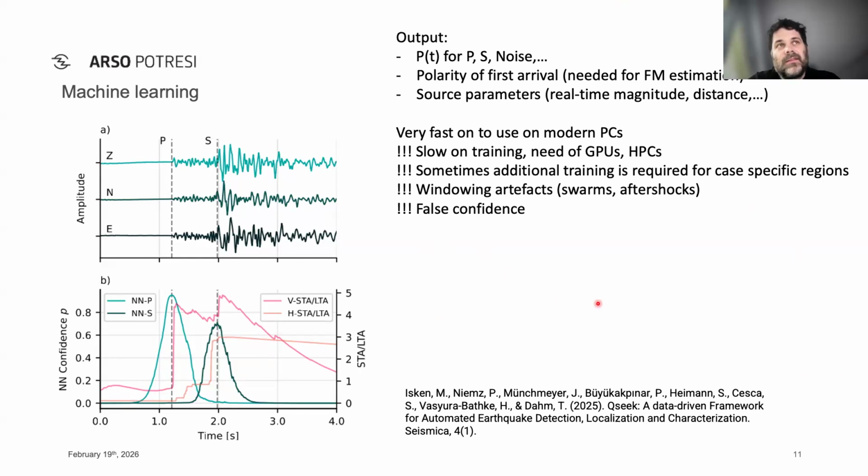The only problem is that training such a model is not so easy. You need GPUs or HPC computers to really train your models. And what you need to be aware of is that if you take one model generated, I don't know, in California, and apply it to Rwanda, the results may vary.